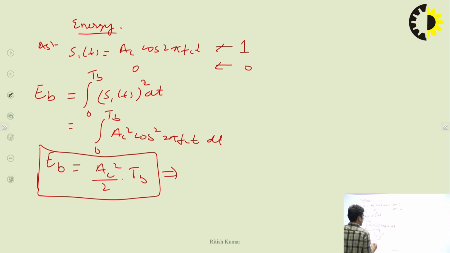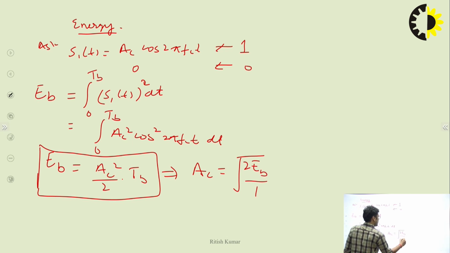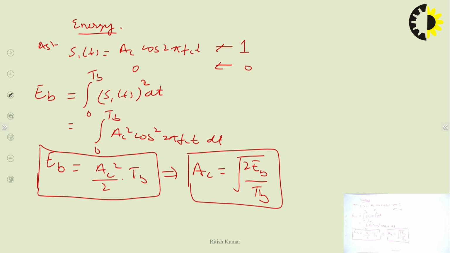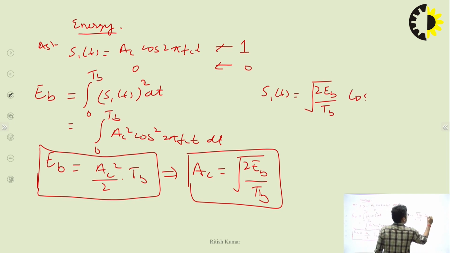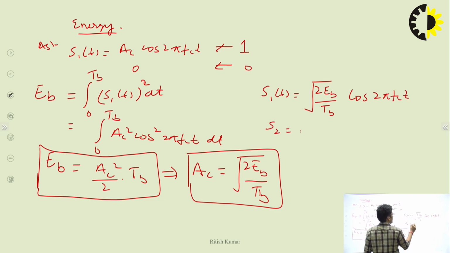If I find the Ac value from this equation, we have Ac equal to under root twice Eb by Tb. So we can also write this signal S1(t) in this form: under root twice Eb by Tb cos 2 pi fc t, and S2(t) is equal to 0.